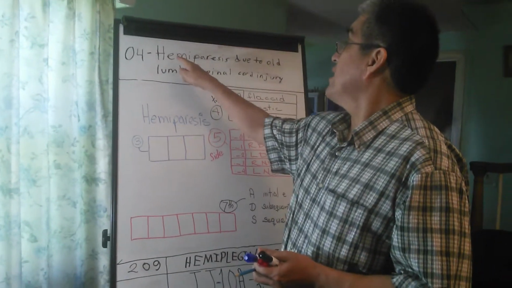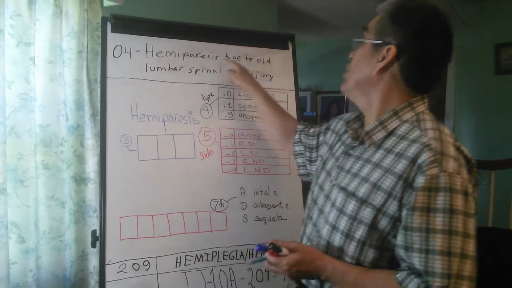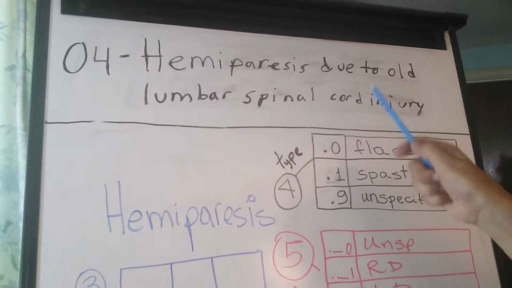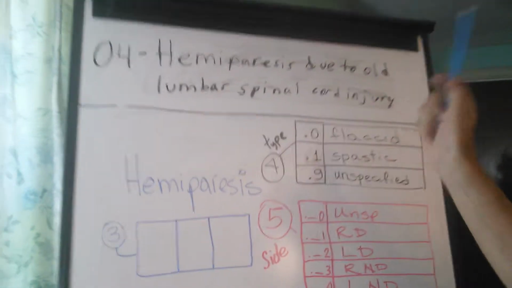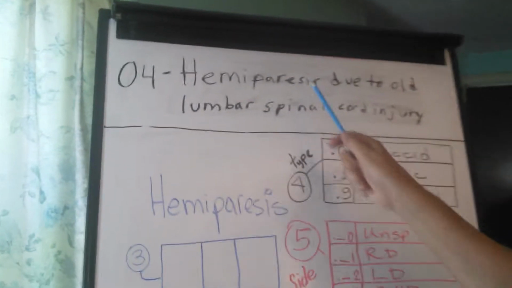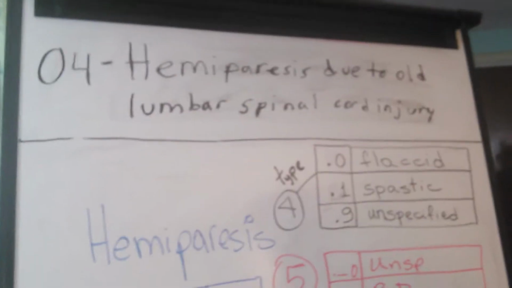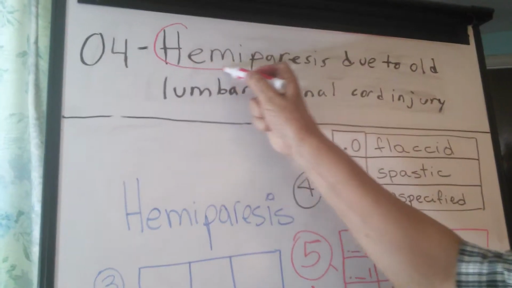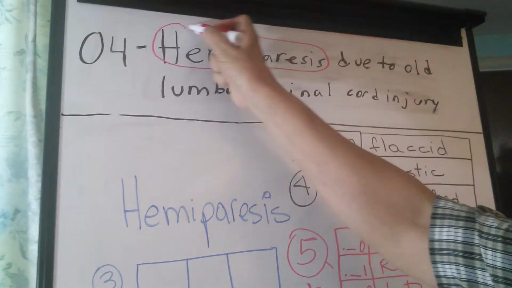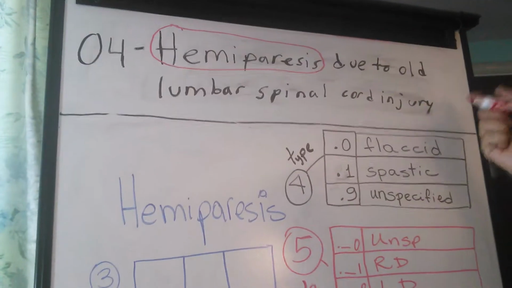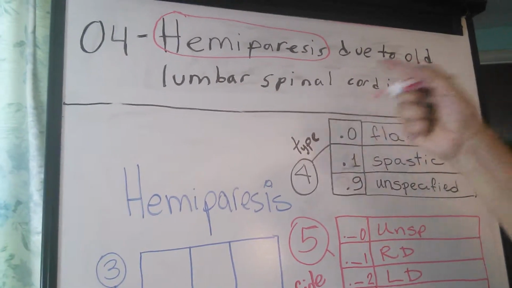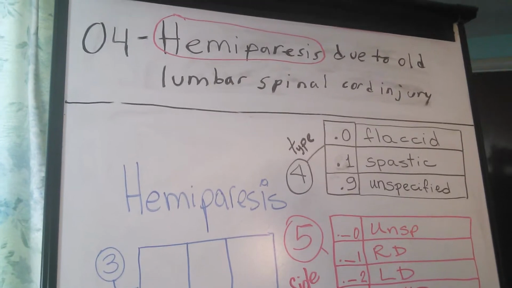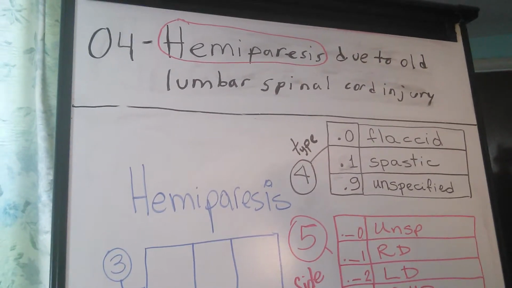The text for this exercise says hemiparesis due to old lumbar spinal cord injury. Hemiparesis would be the main condition, and due to old lumbar spinal cord injury, which is the second condition.